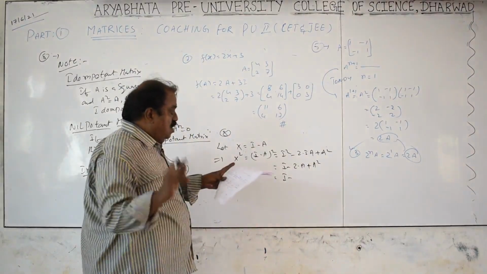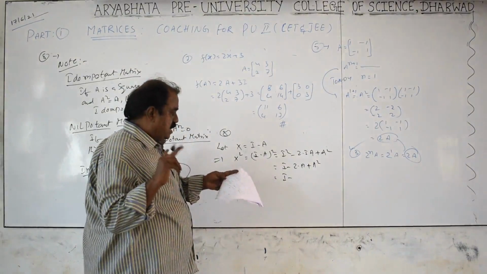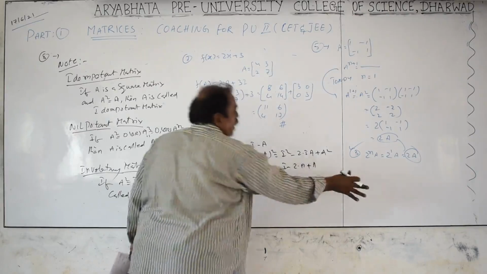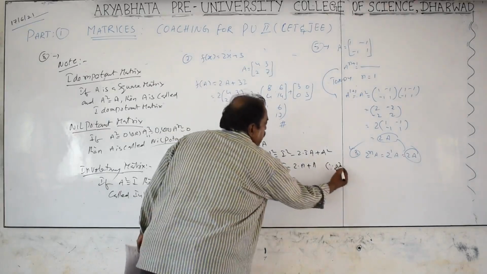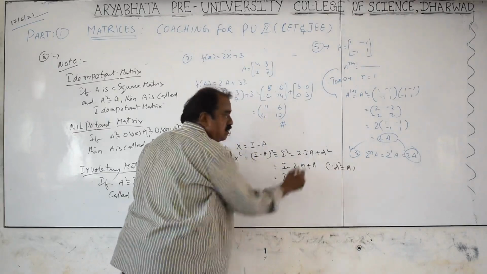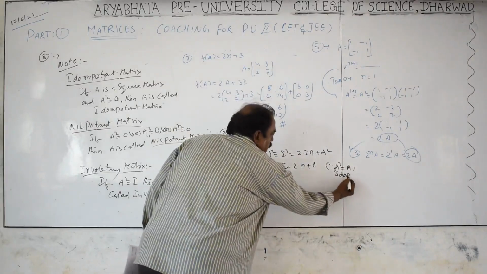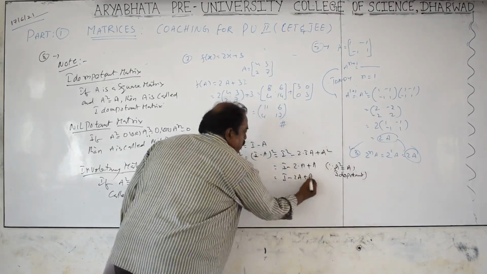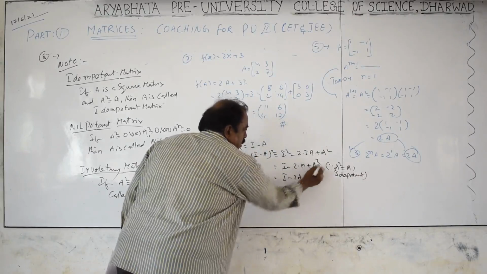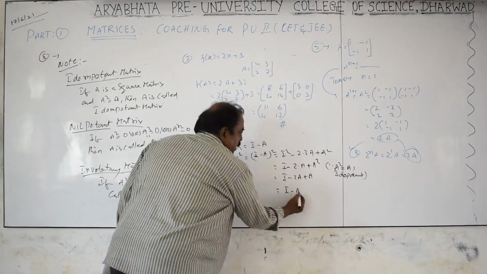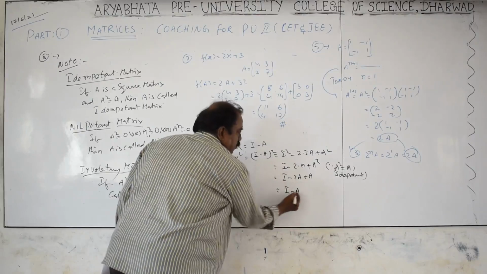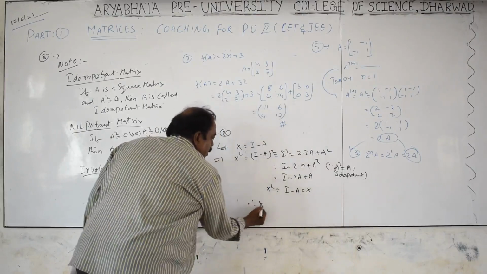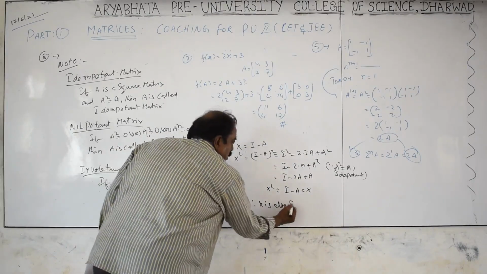A is given as what is the condition? A is an idempotent matrix, so A square must be A. So it is I minus 2A plus A, which is I minus A, again X. So X square is equal to X, therefore X is also idempotent.